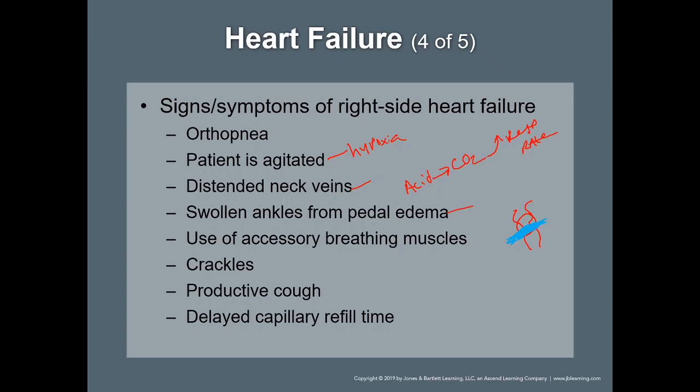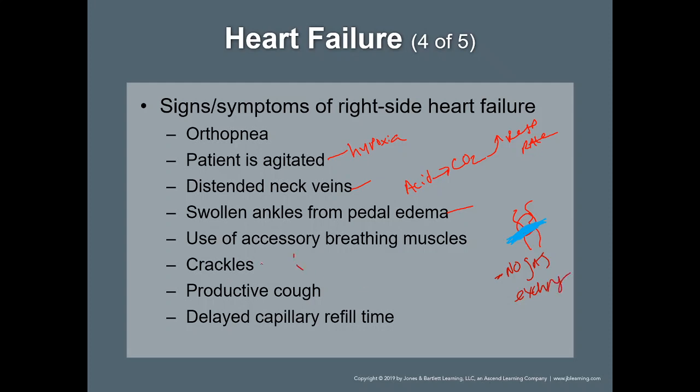What doesn't happen? Gas exchange. There will be no gas exchange. Luckily, we have lots of alveoli, but gas exchange is going to be hampered greatly. No gas exchange, none.